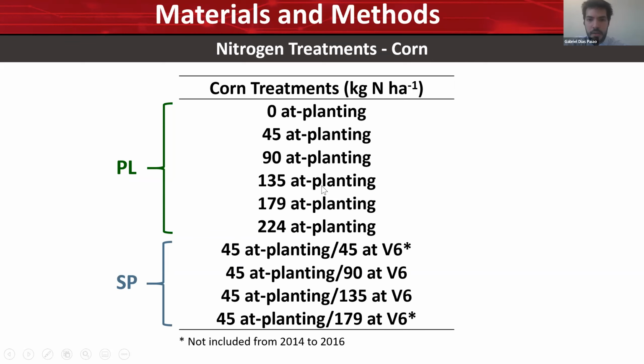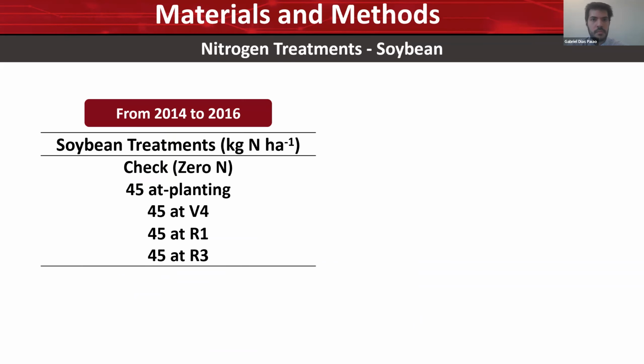So this layout here allowed us to calculate the optimal nitrogen rates for corn production under each of the different drainage conditions and tillage practices for a single pre-plant application or for a split nitrogen application.